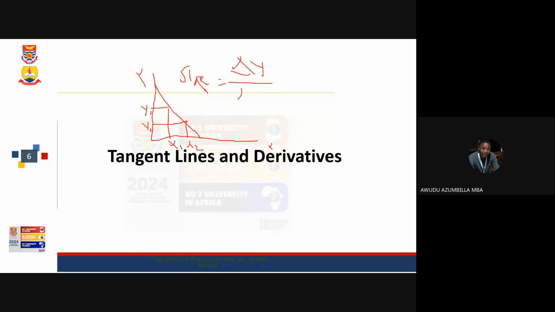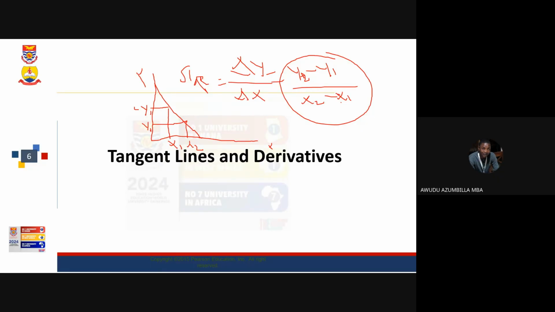That is what we use to find the slope of a straight line, where you can say y2 minus y1 all over x2 minus x1. This is for a straight line, this line. So if you have values here, you can quickly calculate the slope.